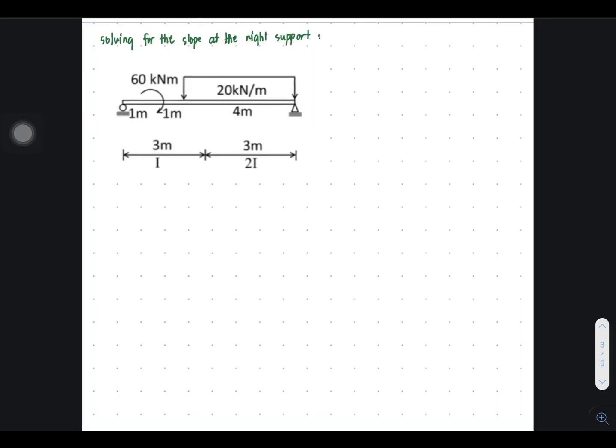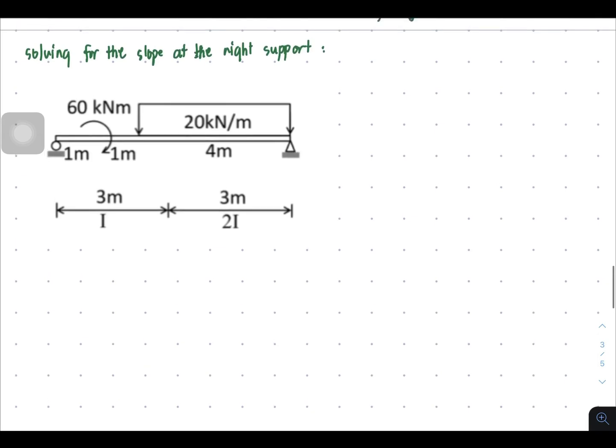So let's have the solving for the slope at the right support. As you observe, we have here a different illustration of the beam. So I opted to have this beam as clean, denoting that it's not the same as the previous solution. And then I won't be placing any point here since we will not be solving for the deflection.